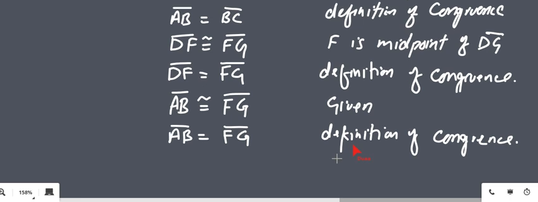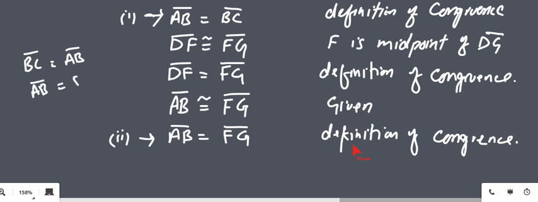Okay, now look. AB equals FG and at the same time AB equals BC. I am highlighting this one and this one. Let me name it: this is 1 and this is 2. So I can apply the transitive property now, right? BC equals AB by using the reflexive property, and then AB equals FG.